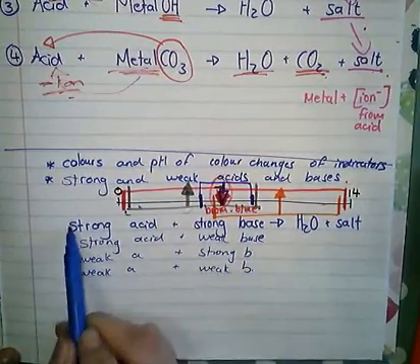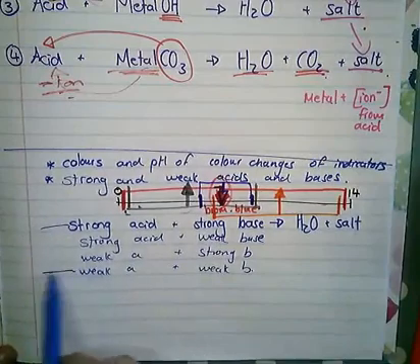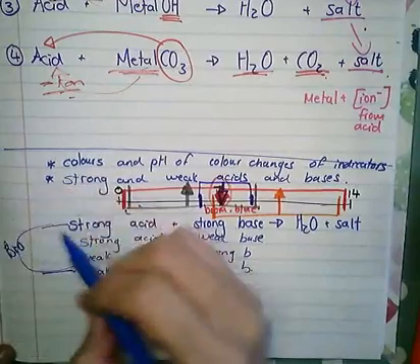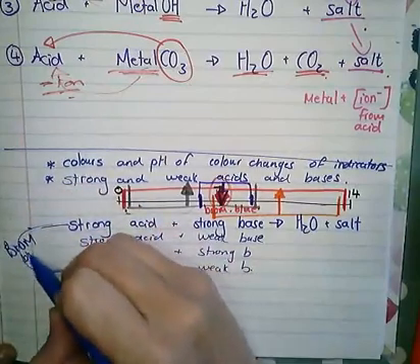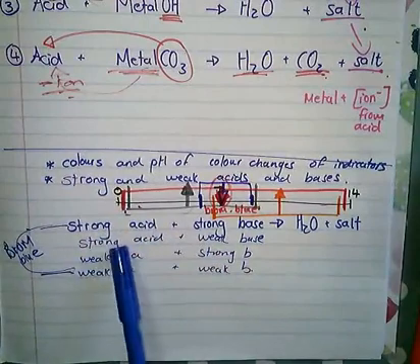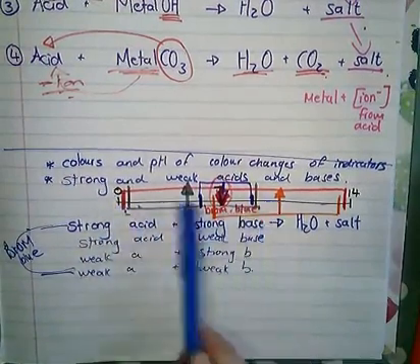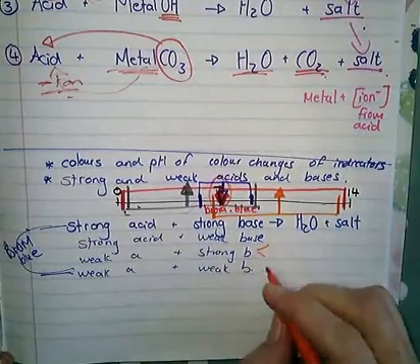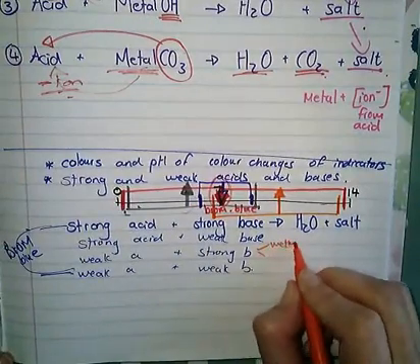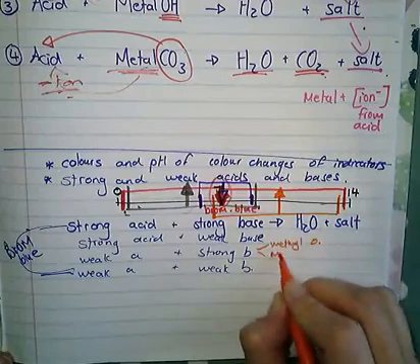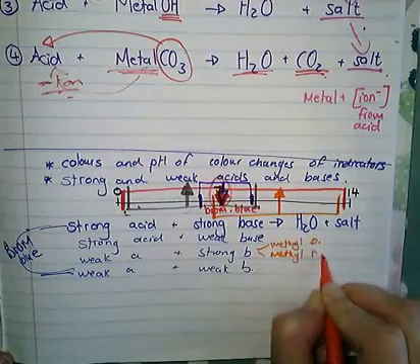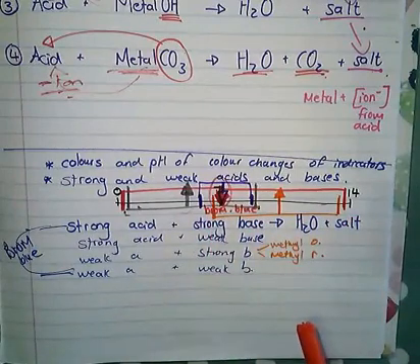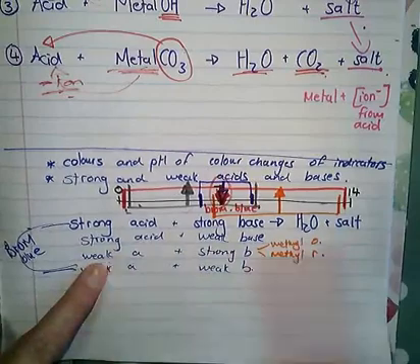If you have a strong acid and a weak base, then you're going to need one of the methyls, either methyl orange or methyl red, because they would meet each other on the acidic side.